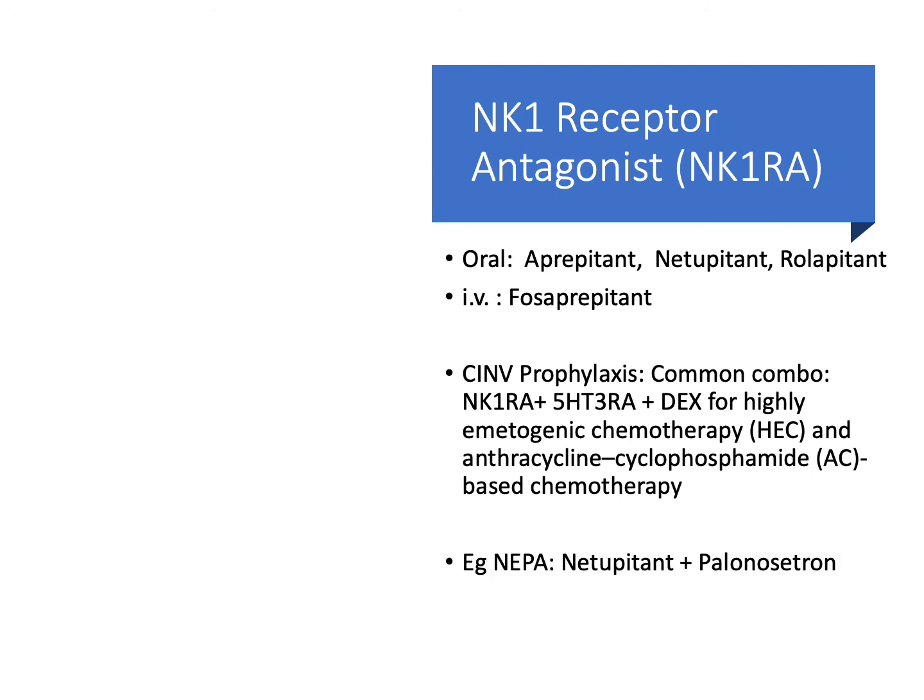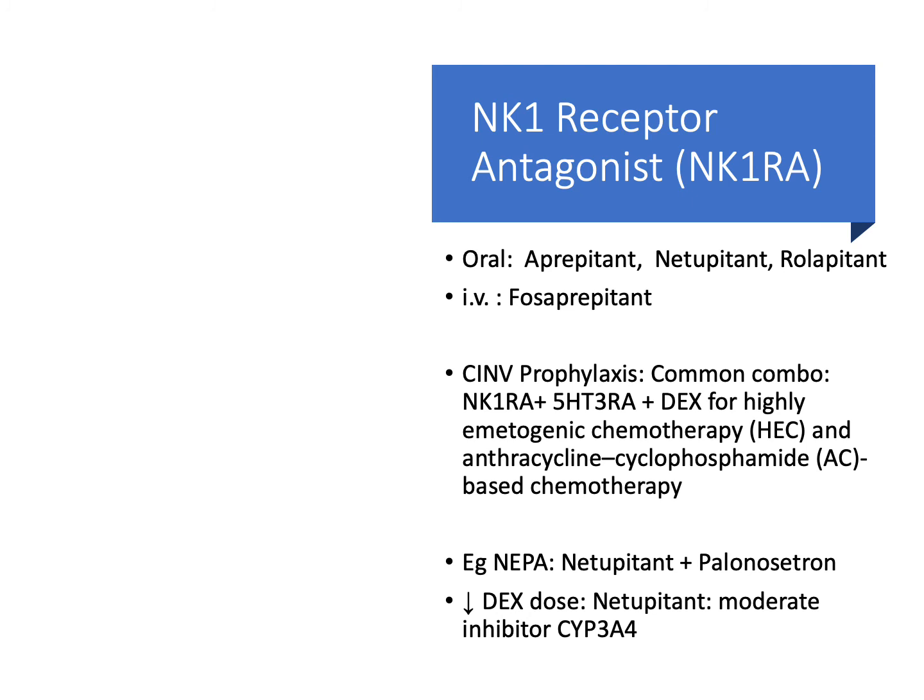You have other examples. You can combine, like NEPA, for example. These are the short forms for the combinations used. NEPA refers to netupitant plus palonosetron. We'll go through the 5-HT antagonists in the next slide. You somewhat reduce the dexamethasone dose.